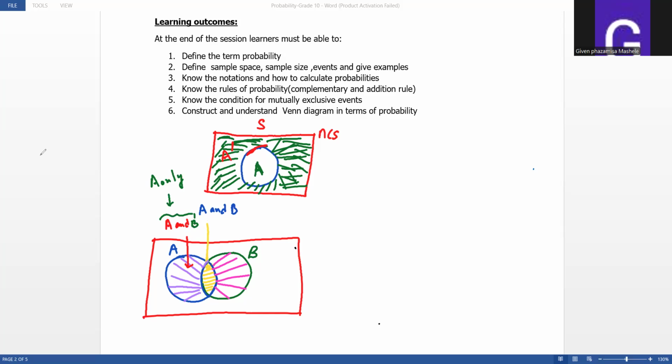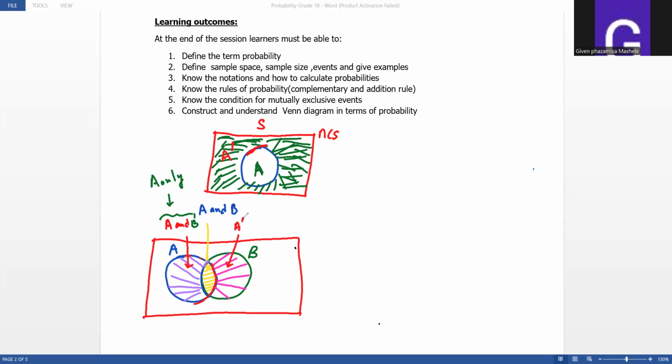But now, how about this side? This side is where we have B, but A is not there, because A is just this other part. This is the whole of A. So here, A is not there.